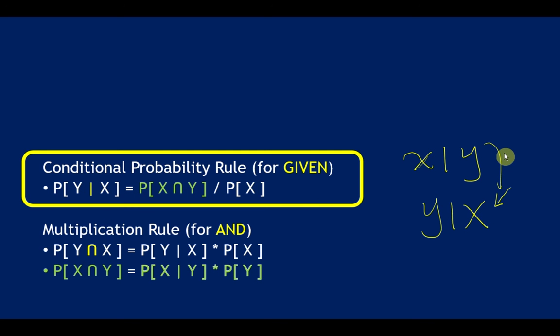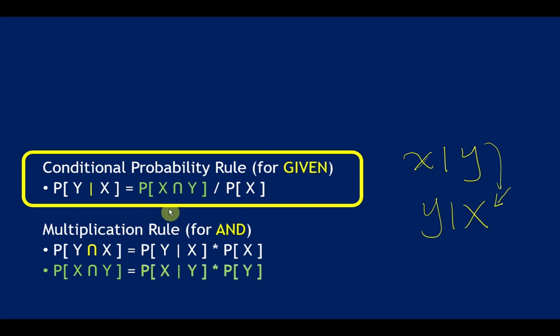Well, you can do that very simply by combining the conditional probability rule with the multiplication rule. So in this case, you see that the probability of y given x is calculated by looking at the intersection and divided by the probability of the sample space x.